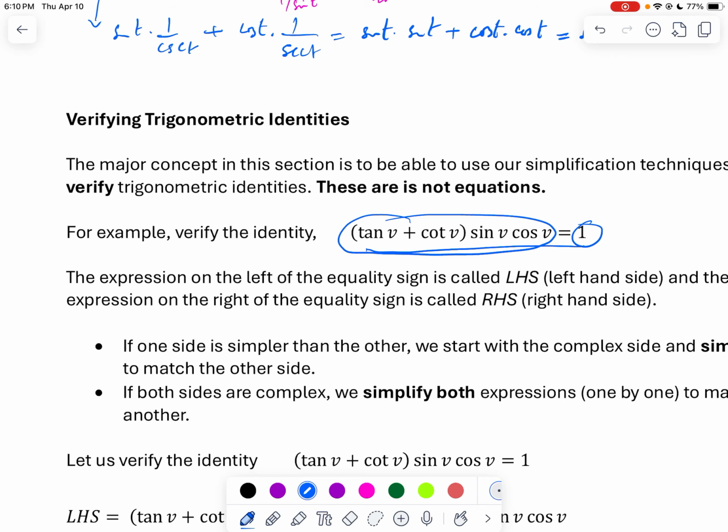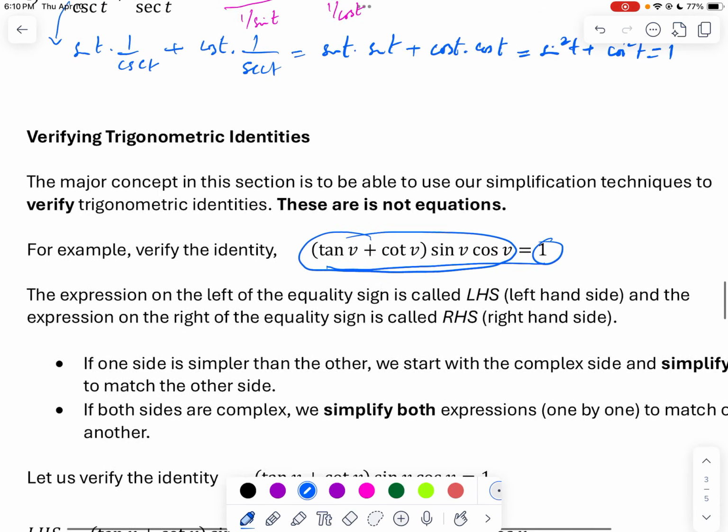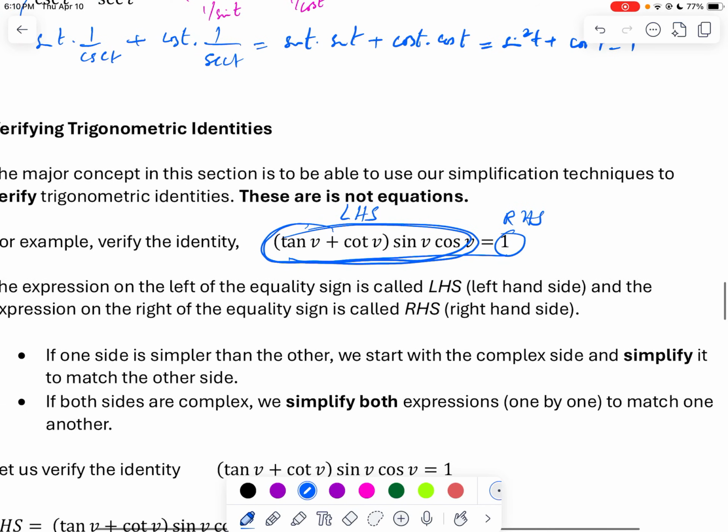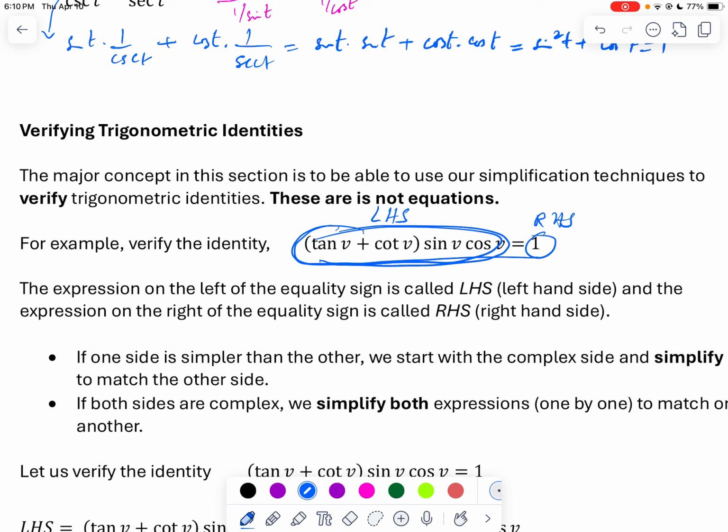The expression on the left of the equality sign is called the left hand side. We denote it by LHS. And the expression on the right is the RHS, right hand side. If one side is simpler than the other, we start with the complex side and simplify it to match the other side.